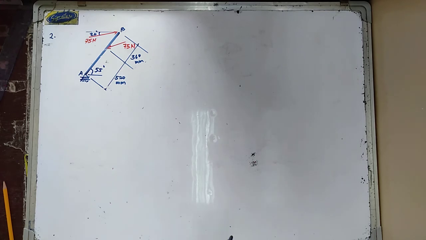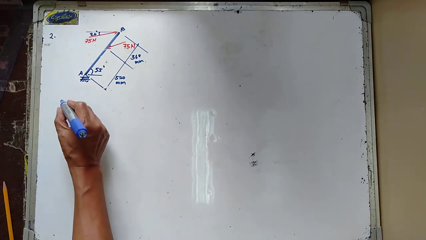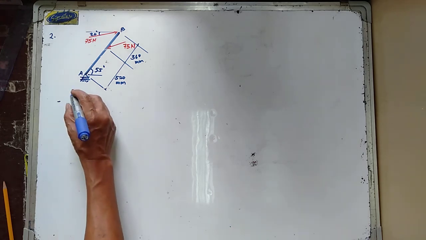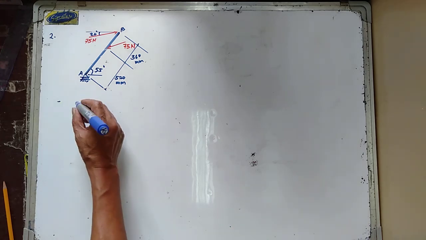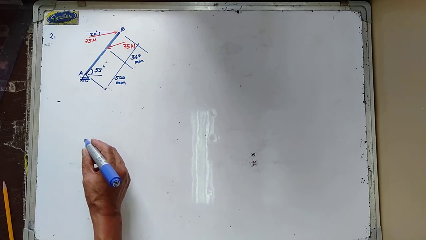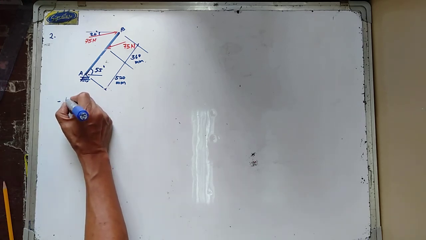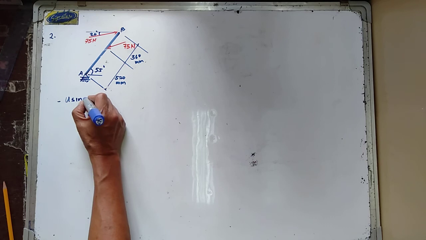So how are we going to determine the moment of the couple formed by the two forces? First, let us use the components of the force, the horizontal and vertical components.